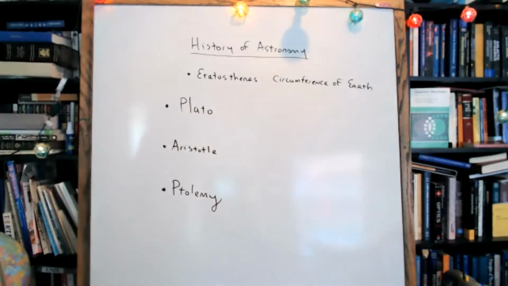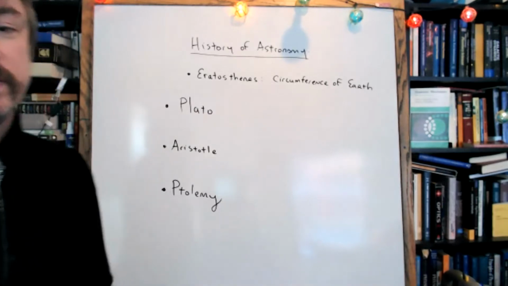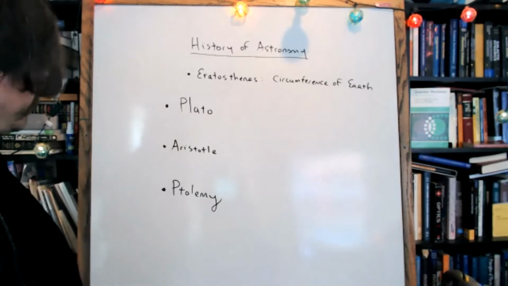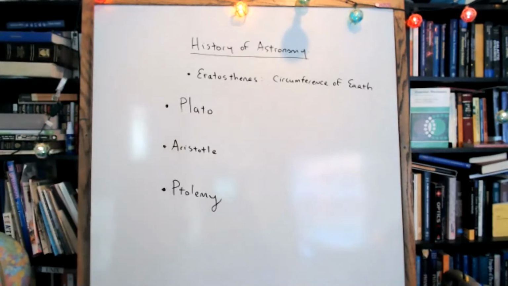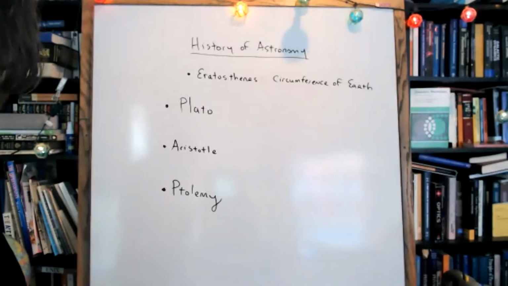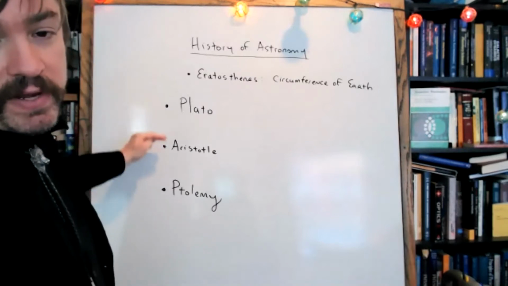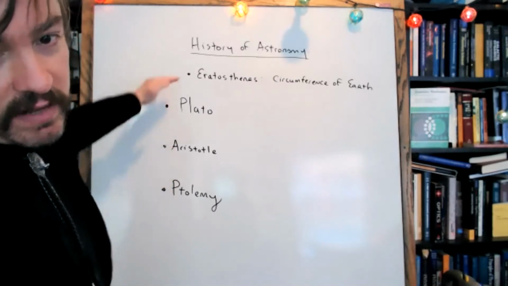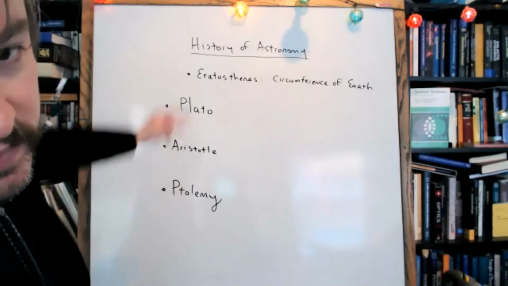These are the people, and their discoveries and contributions to astronomy are what we'd like to cover today. So this is where I'm going, and these are the people I expect you to know some stuff about. Once I get into Plato, I'm going to want to talk about Aristotle, and I'm going to want to talk about Ptolemy. These guys are all connected to each other.